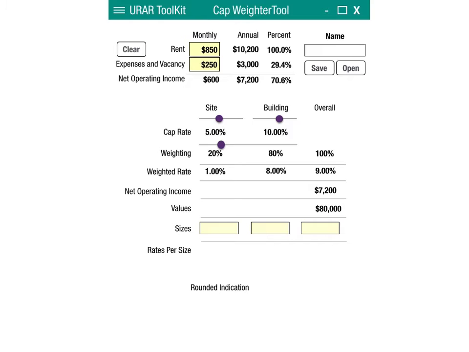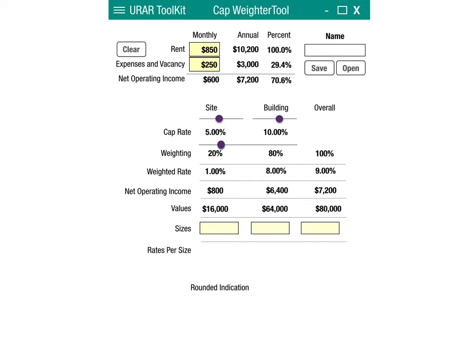We allocate those values back to the site and the building. So 80,000, 20% of 80. Remember, the site value at 20% of the overall value would mean the site's valued around 16,000, which would give the building a value of 64,000. The NOI allocation to each of those, 16,000 on the site times 5% would be 800. 64,000 times 10% would be 6,400.